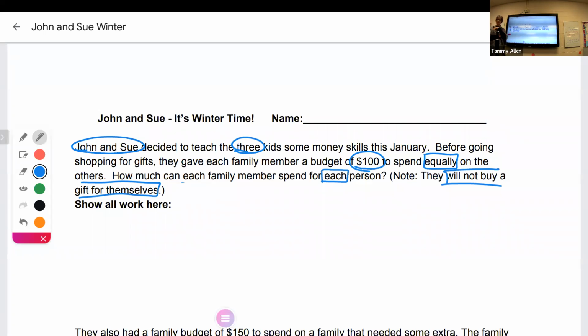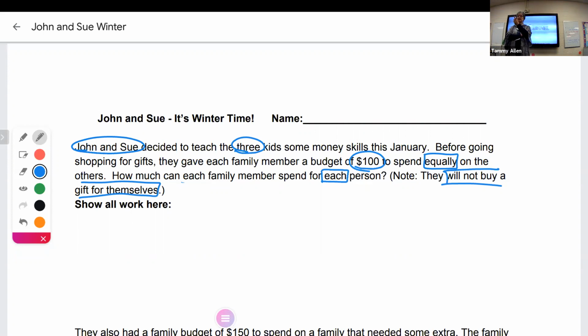Who wants to be John? Yep, stand up. Who wants to be Sue? Stand up. All right, we need 3 kids. 1, 2, 3. Stand up. There's our 5 people. There's the 5 family members.